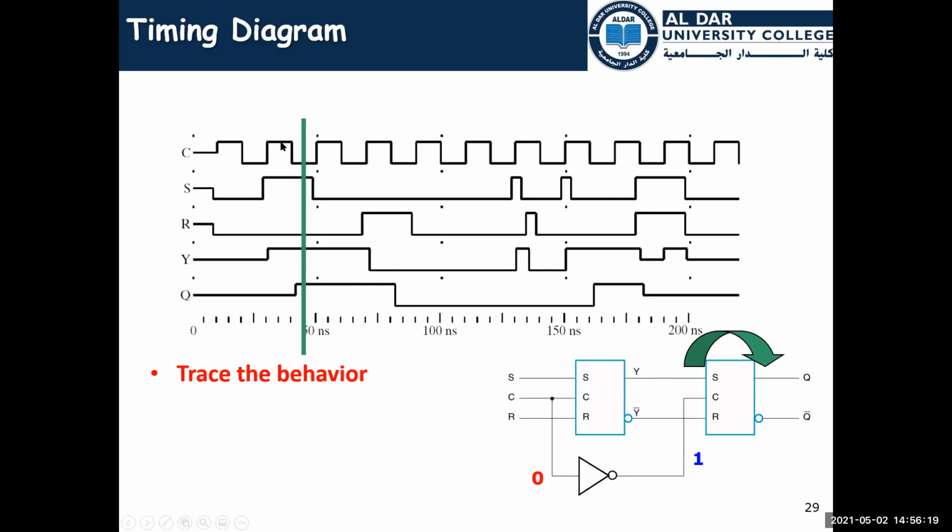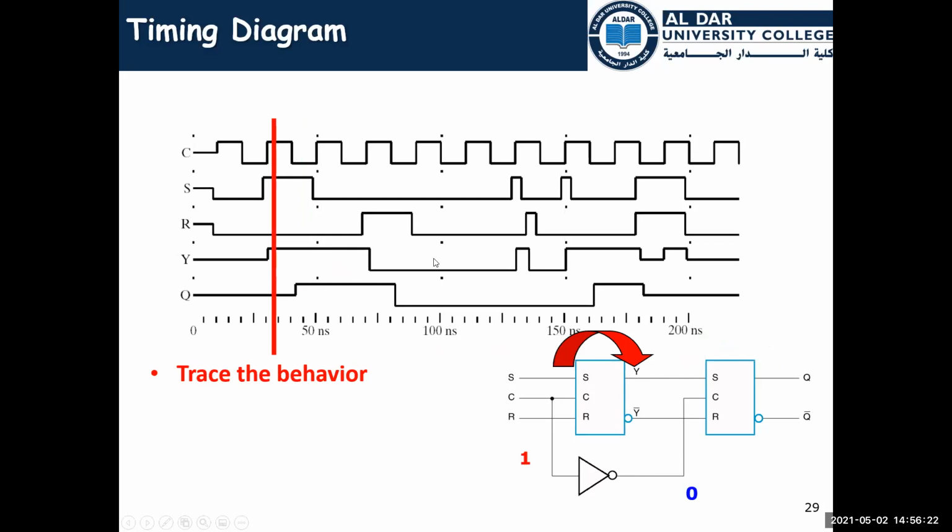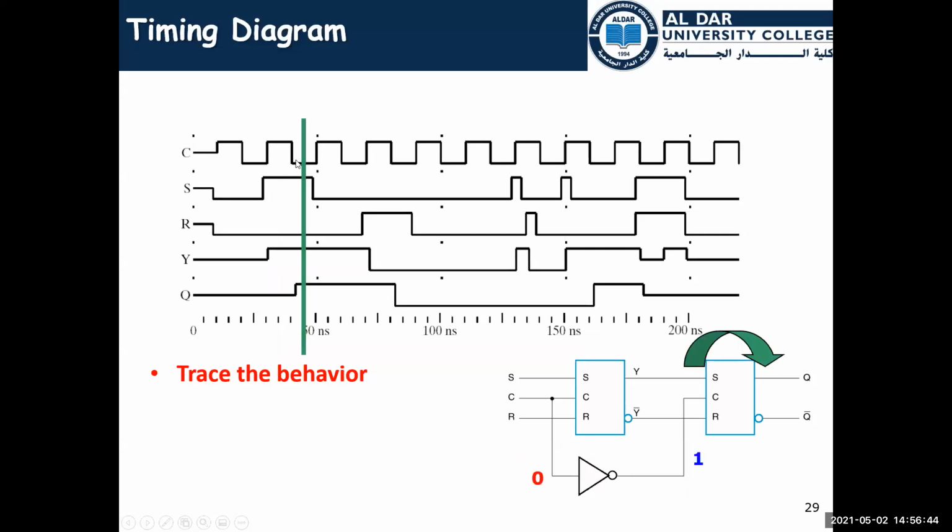So Q will have the value at the different levels. We have one level which is high and the other level which is low. When the level is changed, we have the output. The output is appearing and is effective at the levels, not at the edges.